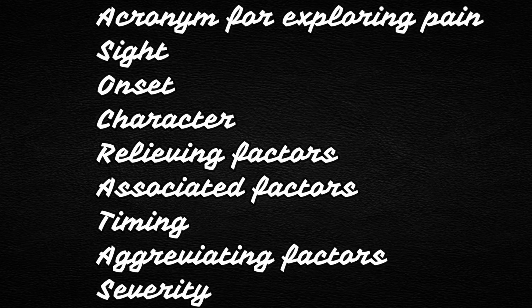So there's an acronym that we use when we are exploring pain, and the acronym is SOCRATES. S for site, O onset, C character, R relieving factors, A associated factors, T timing, A aggravating factors, and S for severity.